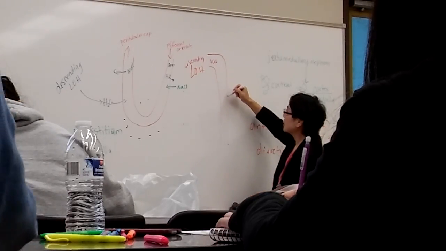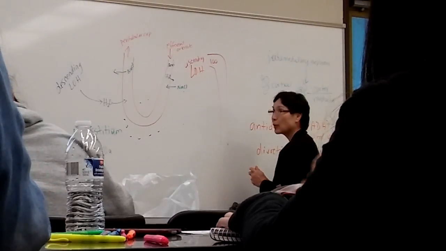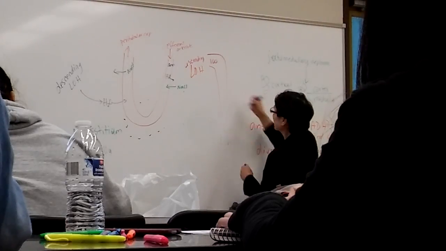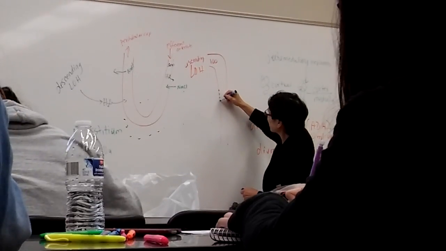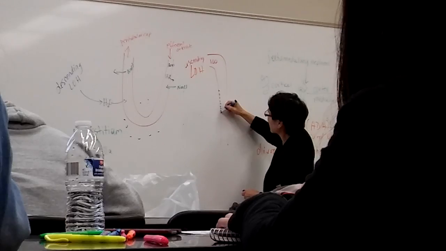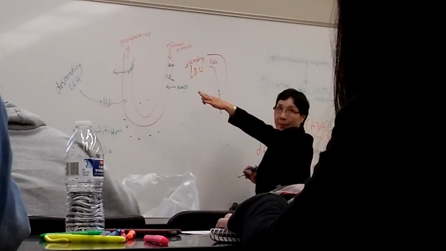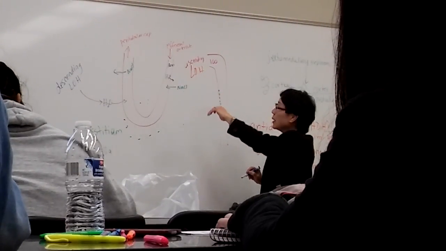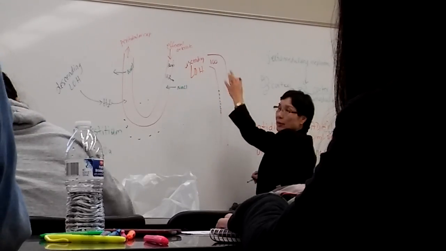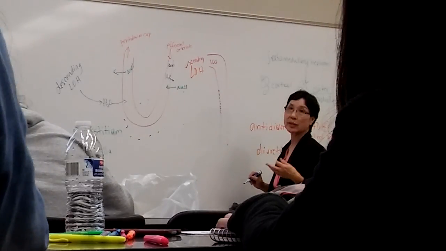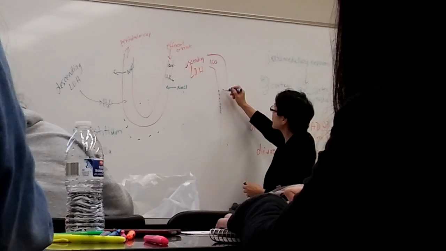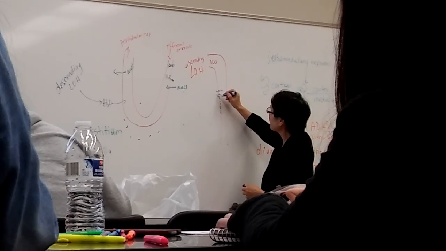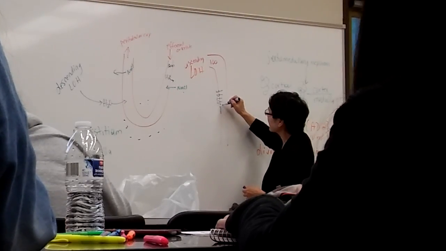And then as the filtrate comes along here, if aquaporins were in the membrane right here, that's what ADH does. ADH binds on the basolateral side of the collecting duct cells, and then they insert the aquaporins on the luminal side. And then water is going to leave, drawn out passively. Water always leaves passively.